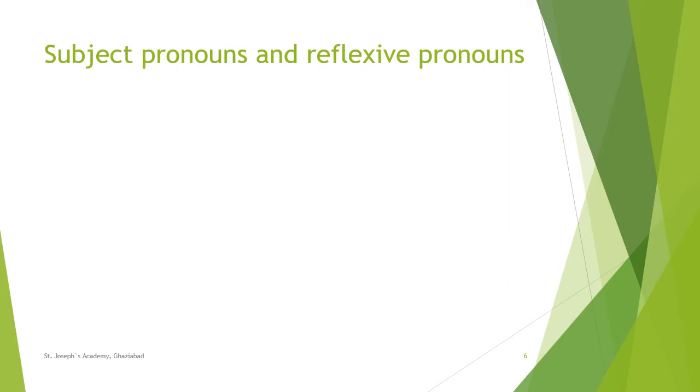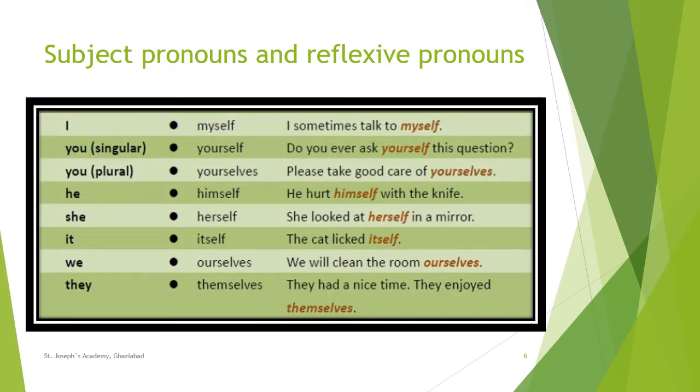Now we come to subject pronouns and reflexive pronouns. Now on the screen, you can see the table which will show you the subjects, and for those subjects, what are the reflexive pronouns used. The first subject is I. When the subject is I, we use the reflexive pronoun myself.